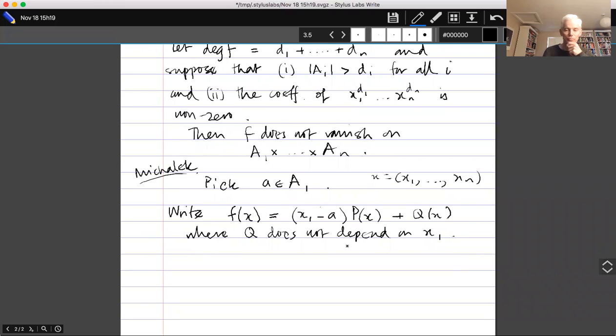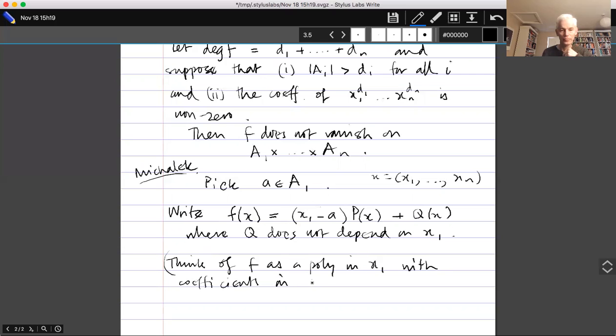So let's see, just how do we do that? Well, we can just think of f as being a polynomial just in x1 with coefficients in the ring Fp[x2, ..., xn].